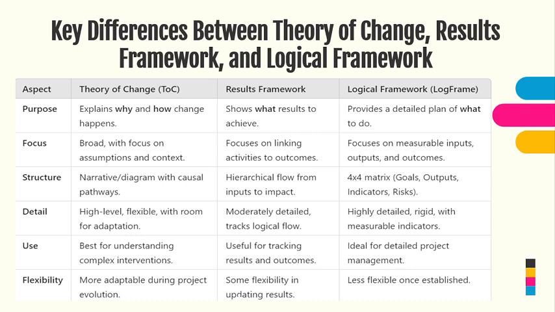It is best used for understanding complex interventions. That's a theory of change. A results framework is useful for tracking results and outcomes, while a log frame is ideal for detailed project management. Flexibility: the theory of change is more adaptive during project evolution. There's some element of flexibility in updating results. The log frame is less flexible once established.